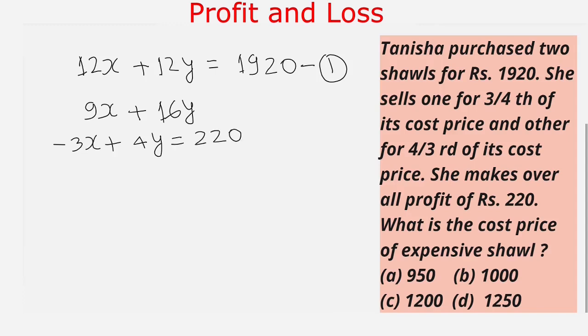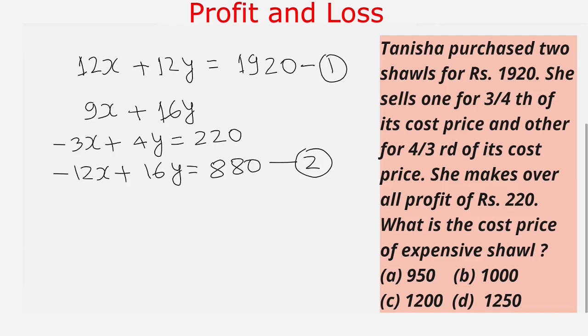We multiply the equation by 4 to equate the coefficients for eliminating x. So we multiply 4 to minus 3x plus 4y, which gives us minus 12x plus 16y equal to 880. And I give this equation as equation number 2.